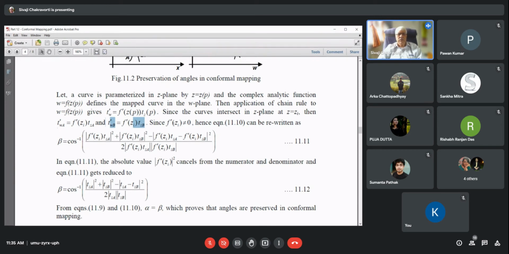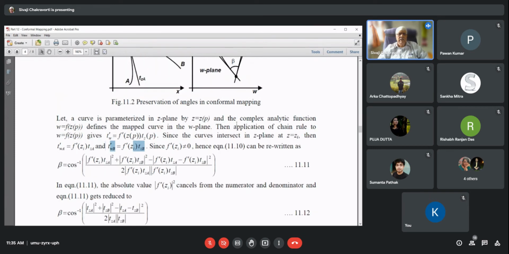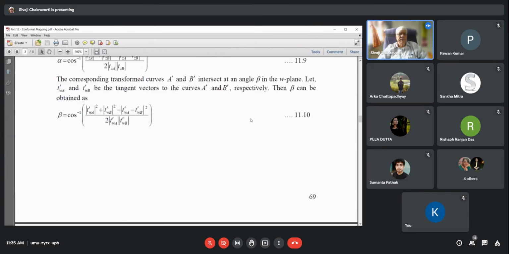And of course, the first order derivative must be non-zero, otherwise this entire analysis will not be valid. So we are saying f'(z_i), that means the first order derivative of f(z) at the intersecting point, is non-zero. So we can write equation 11.10, that means cos beta here.